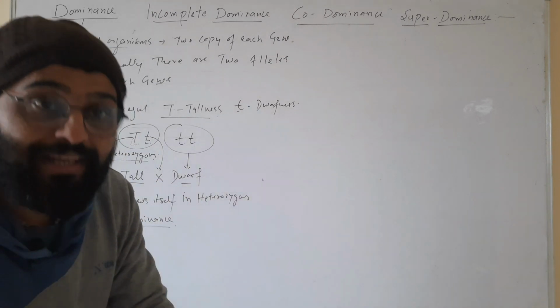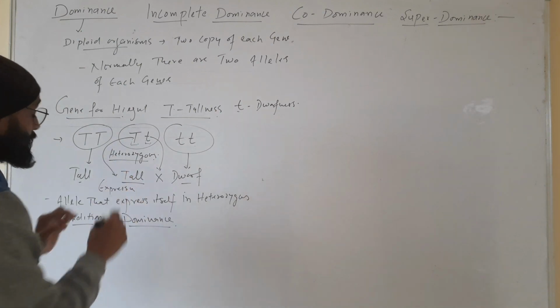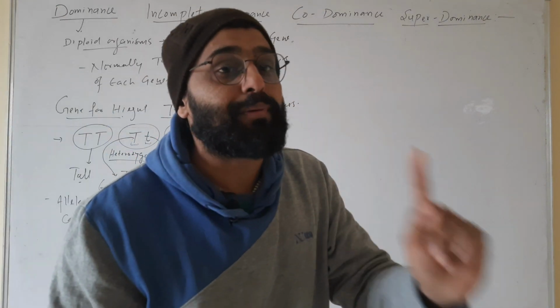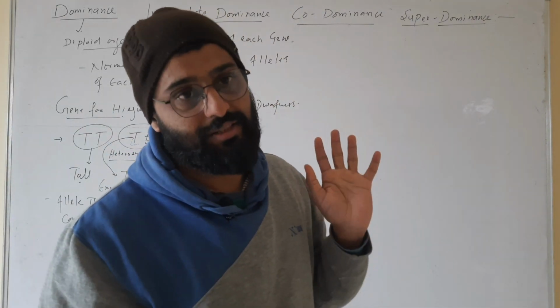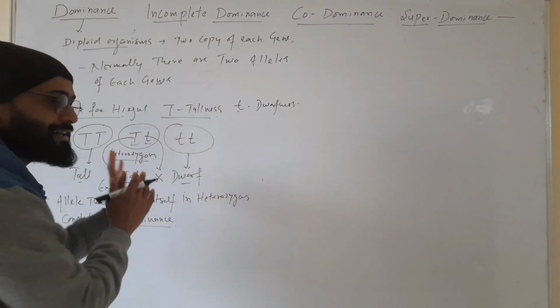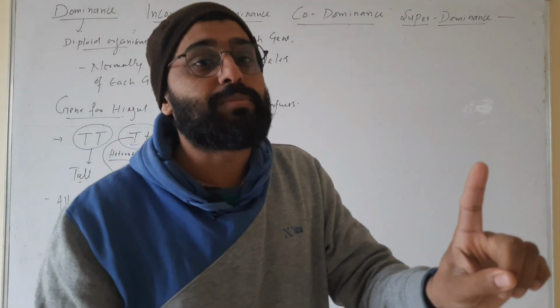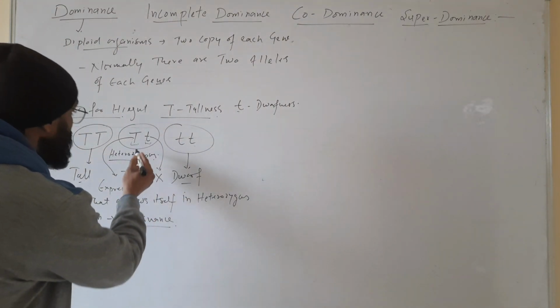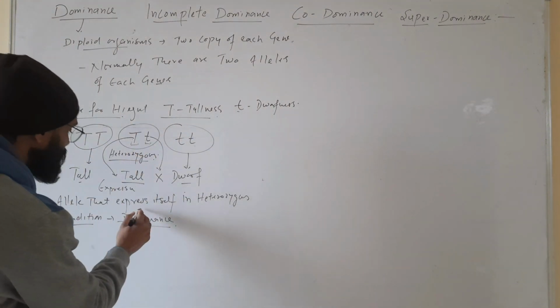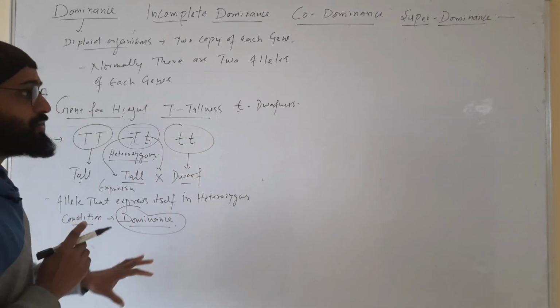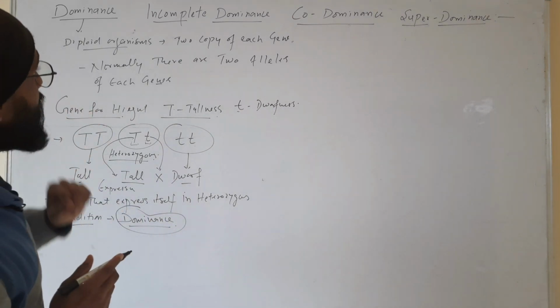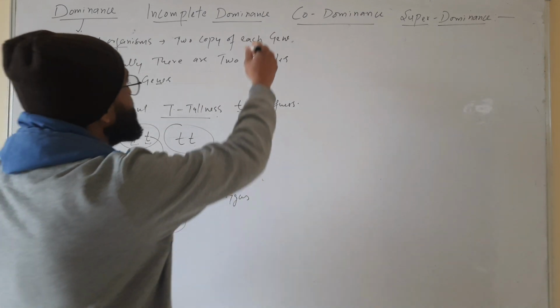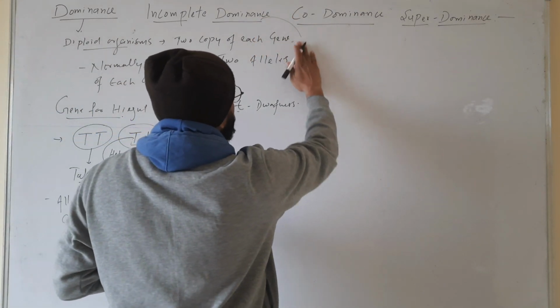It is a phenomenon in which one copy will express in heterozygous condition. When there is a heterozygous condition, only one copy will express itself, and the copy that expresses itself will be called the dominant allele, and this phenomenon is called dominance. So this is dominance.